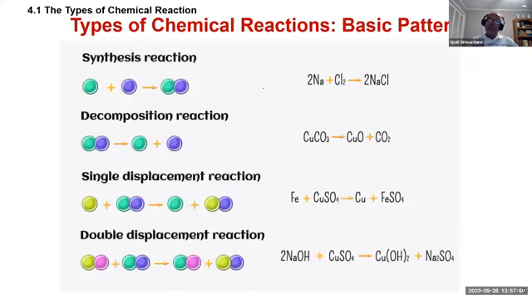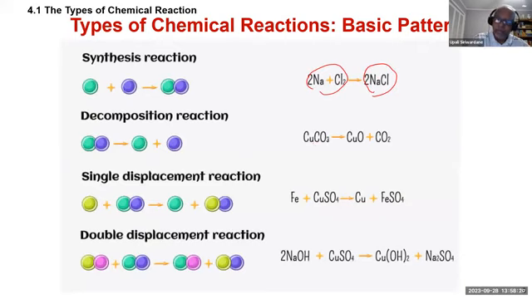Now let's talk about this. When you look at a chemical reaction, there's a basic pattern that will describe the reaction. The first pattern is two things coming together, sodium and chlorine here, to produce sodium chloride. That's called a synthesis. Synthesis means two things come together.